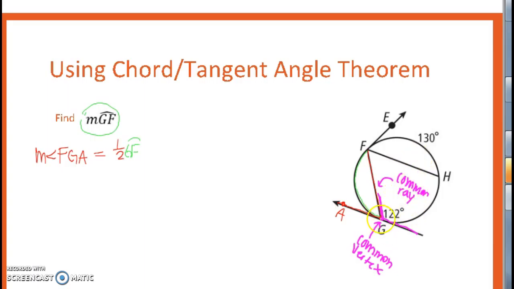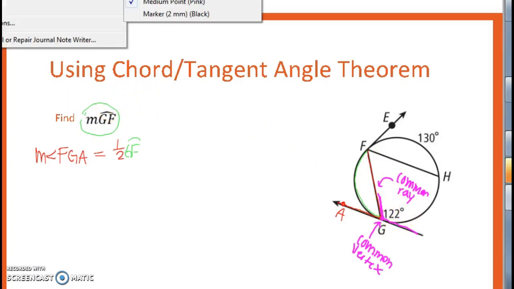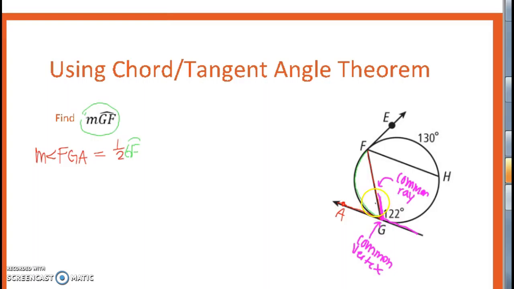Any angles that share a common vertex and a common ray form a linear pair, so they add up to 180 degrees. So if I wanted to, I could find this measure here by taking 180 and subtracting off 122. And that would give me a measure of 58 degrees. So that is this angle here.